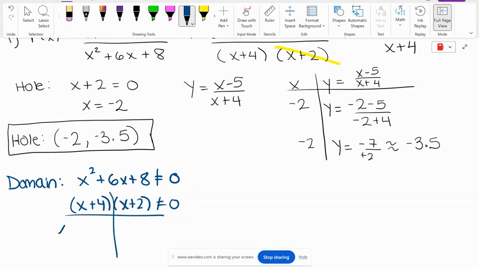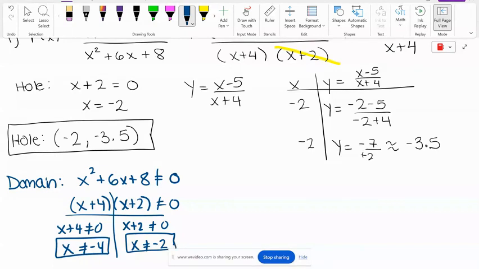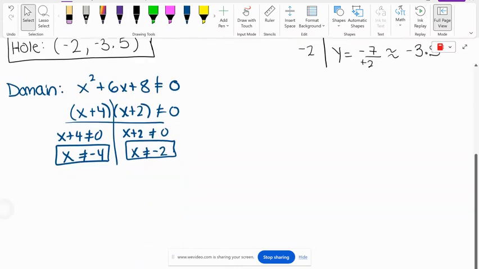Set each one equal to 0. X plus 4 cannot equal 0. X plus 2 cannot equal 0. So x cannot equal negative 4, and x cannot equal negative 2. That's the domain. Now what am I going to look at?